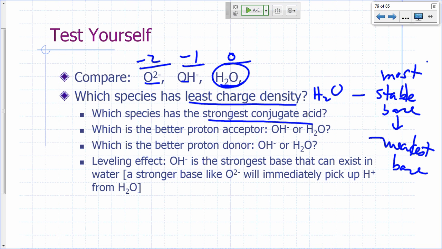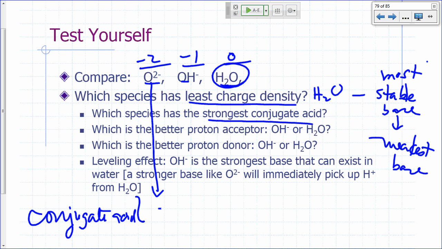So which of these three has the strongest conjugate acid? What are the conjugate acids for this? What's the conjugate acid for oxide? It's going to be one more H and one charge higher. So hydroxide, right? What's the conjugate acid for hydroxide? One more H, one charge higher, so that's H2O.